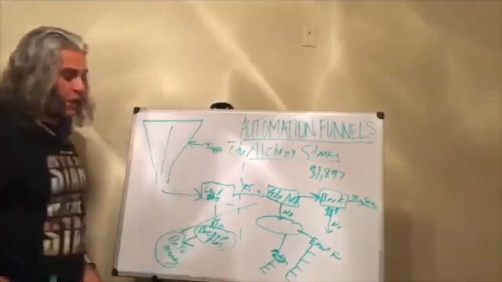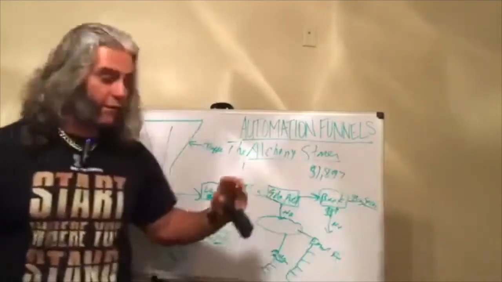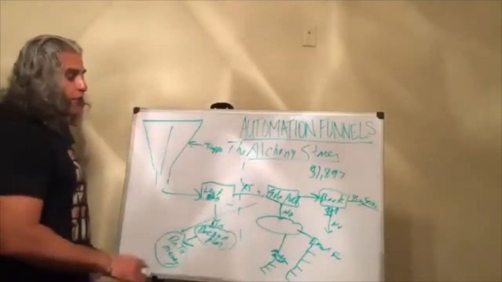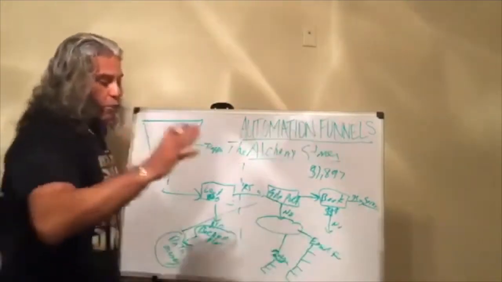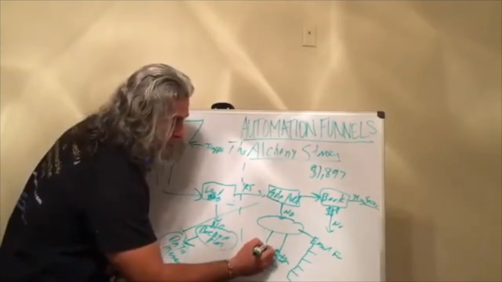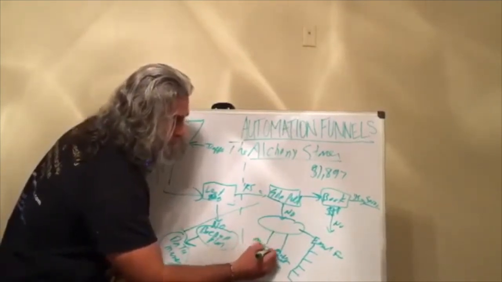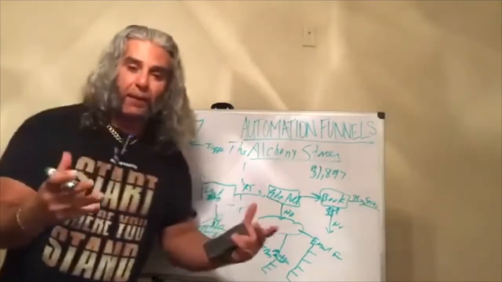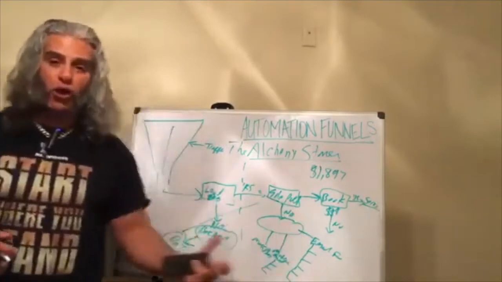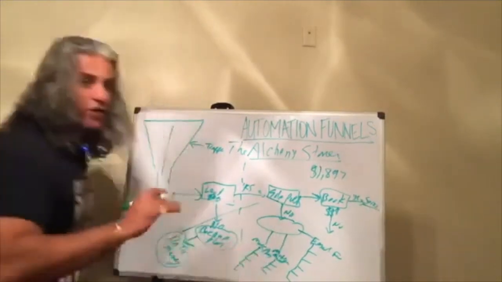And what is this? These are different touches. I touch them one time, touch them twice, 3 times, 4 times, etc. Okay? So now notice that once they go into this funnel, I am touching them more. The next thing I'm going to implement is what I call my massive PLM system, where I start using direct mail in the sense of postcards and letters. And again, it's going to go like this, which is different touches, okay?